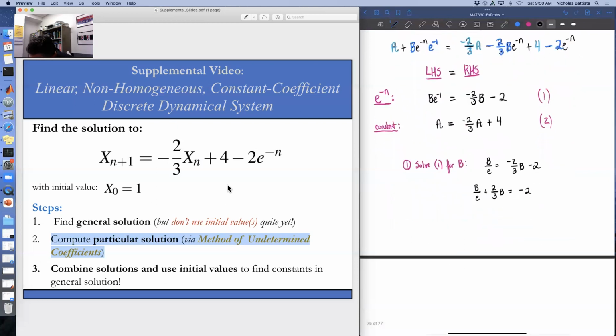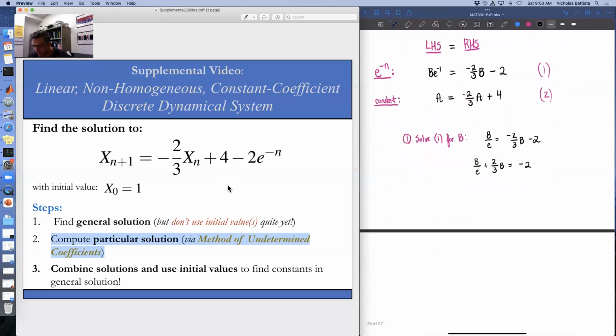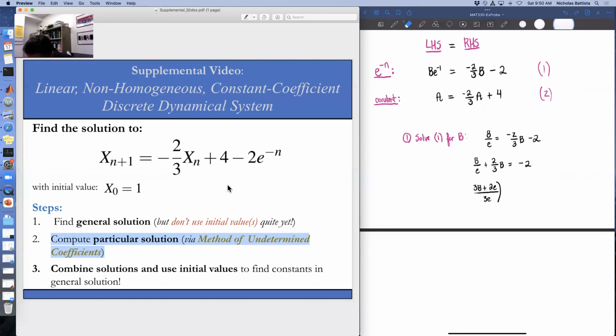Let's find some common denominators here, which looks like 3e is the common denominator. So we have (3b plus 2e) all over 3e times b, oops, forgot to put the b in the second one, is equal to minus 2.